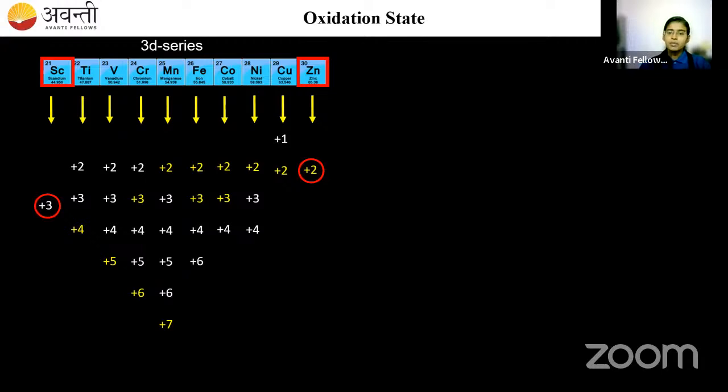Got it? So copper can exist in +1 and +2. Copper can exist in +1 because if it loses one of its electrons, it will have a 3d10 configuration. For +1 it is 3d10, and for +2 it is 3d9. So copper can exist in both forms.